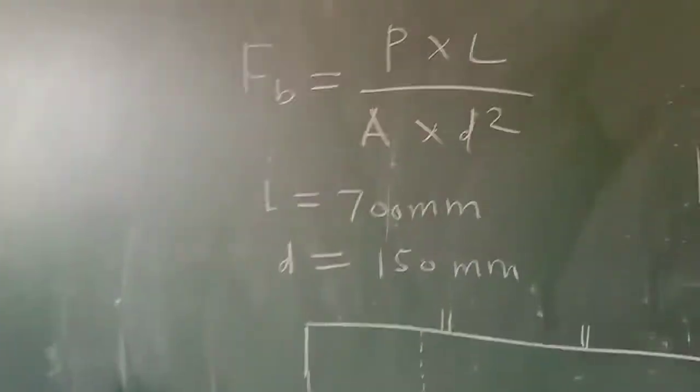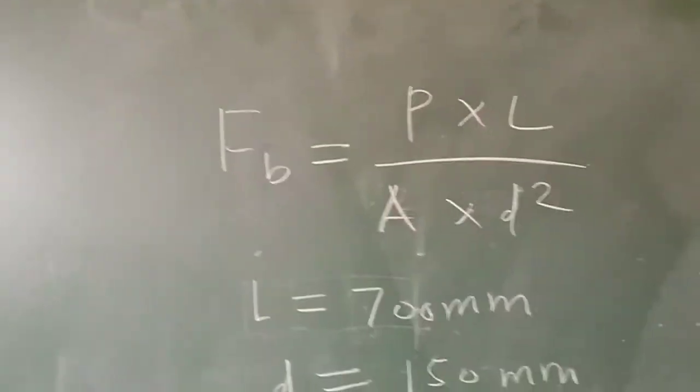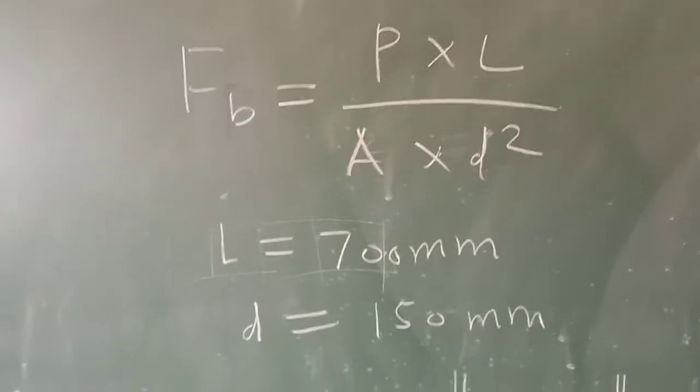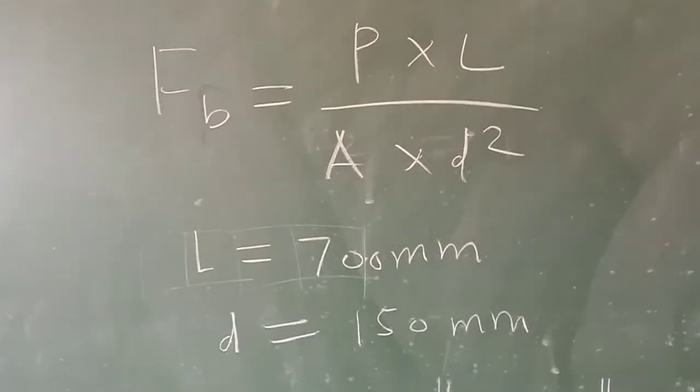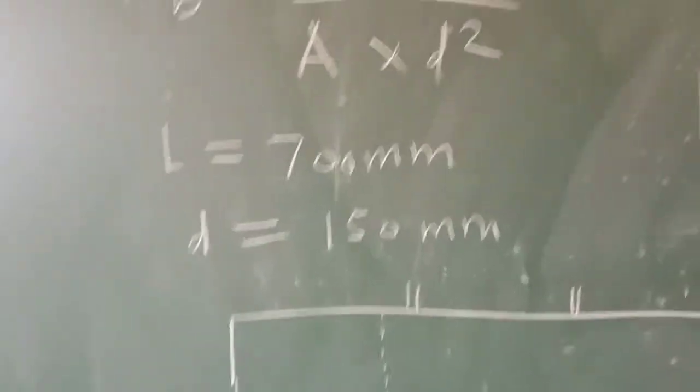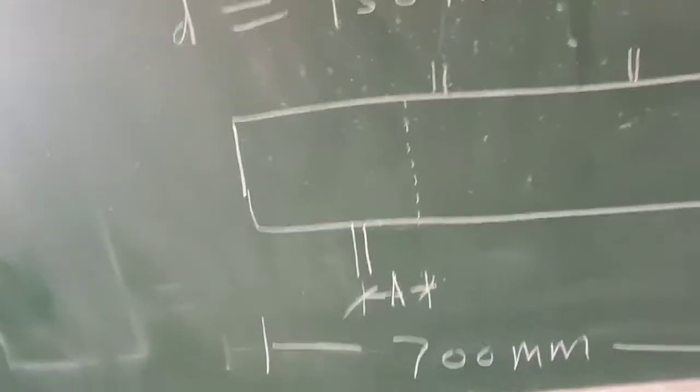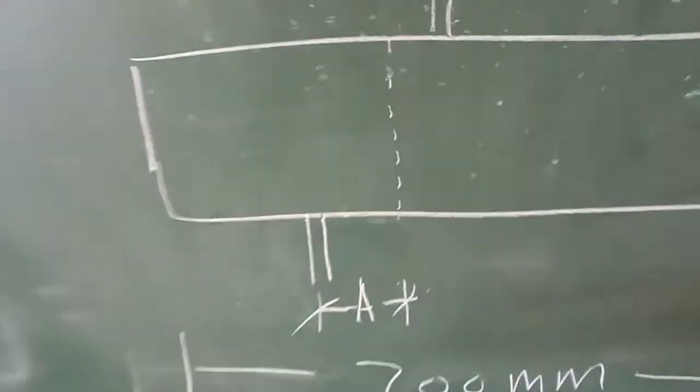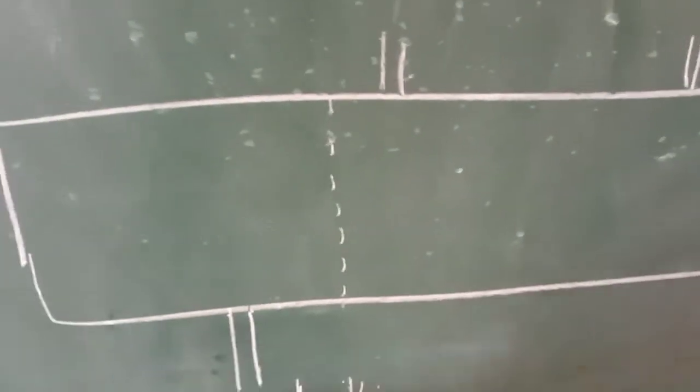Then this is the formula required to calculate the flexural strength, where A is the distance between the supports, which you will be seeing here.